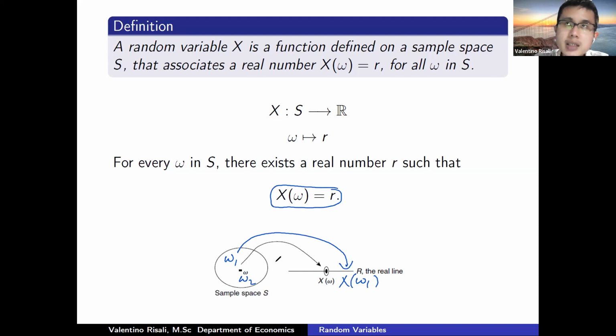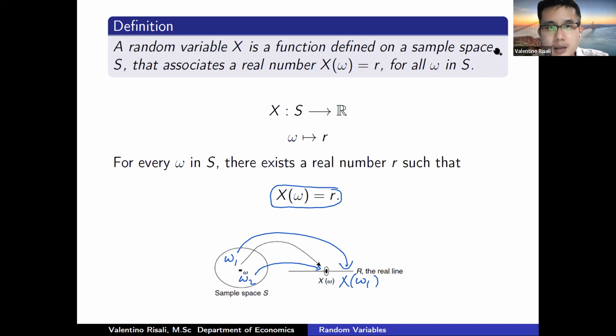Because the random variable is a function, it is possible to correspond omega 2 to the same number. In conclusion, the random variable is a method to quantify our outcomes, and we can do it for every sample space, whether it is already a number or not.